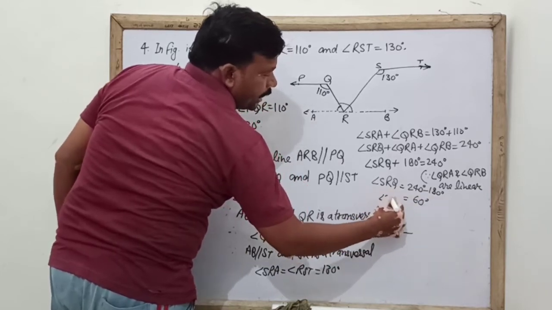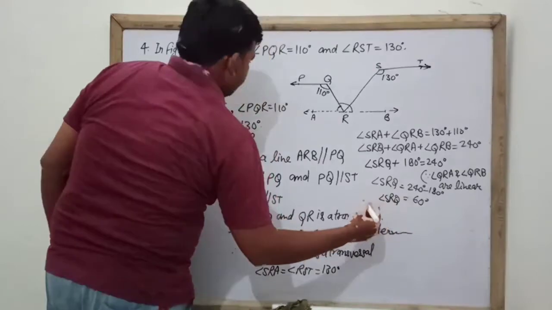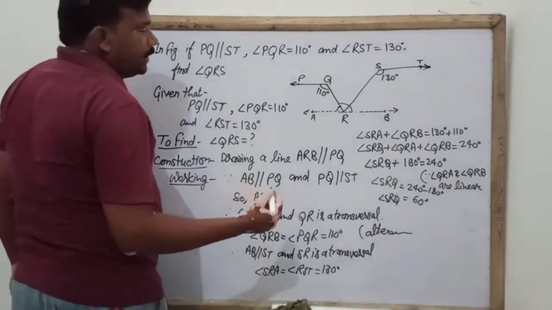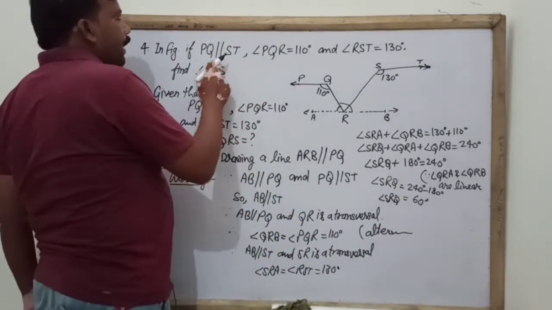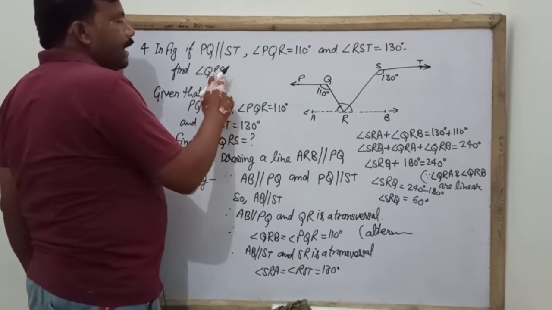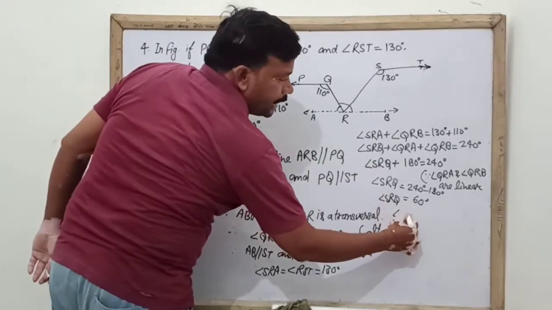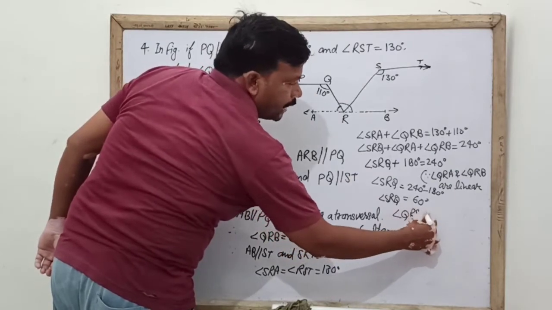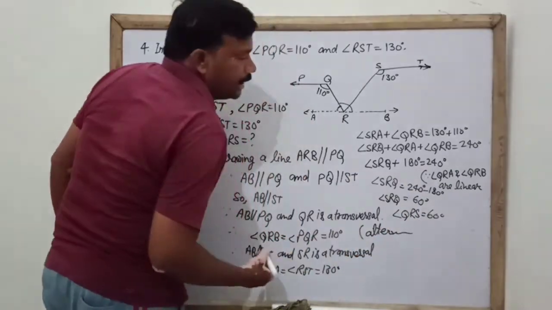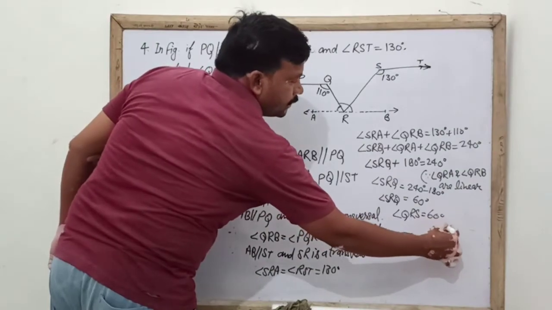Angle SRQ, this is the angle which we have to find. We can write here angle QRS equal 60 degree, and this is our answer.